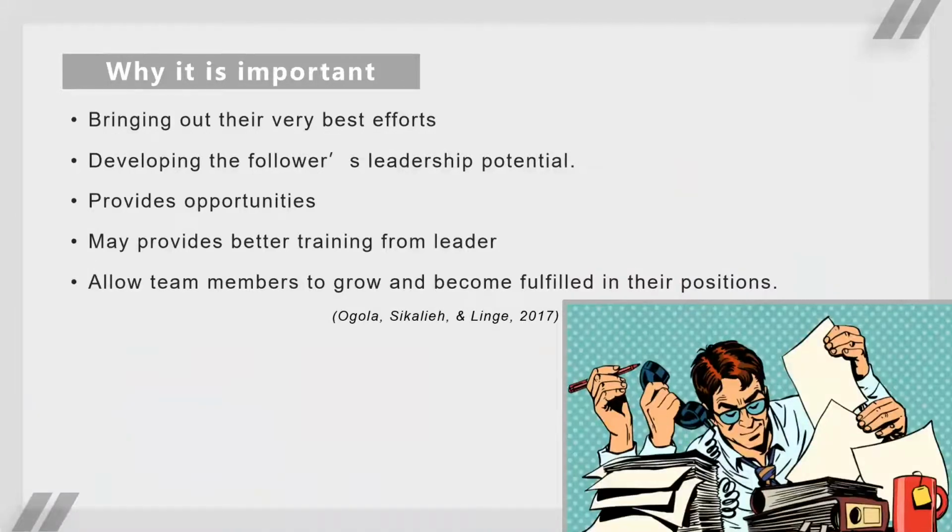As the leader, you have to have this personal attention to each follower, which is a key element in bringing out followers' very best efforts and in developing the followers' leadership potential. And also, it will lead to higher levels of trust in the leader.